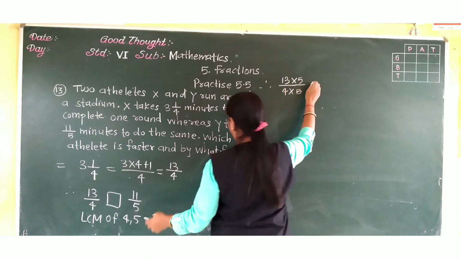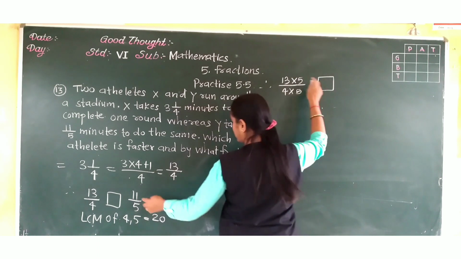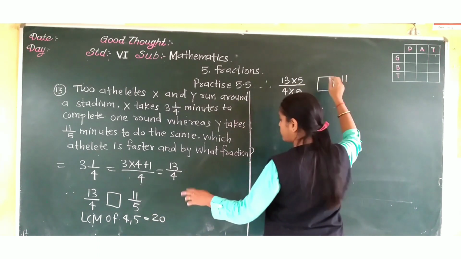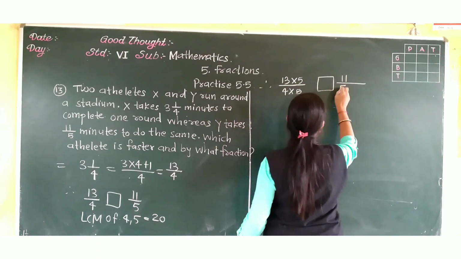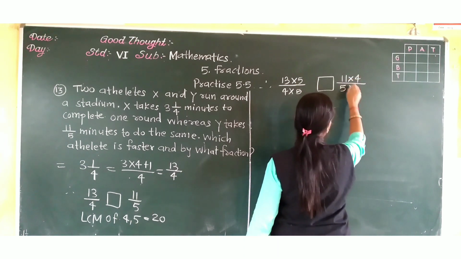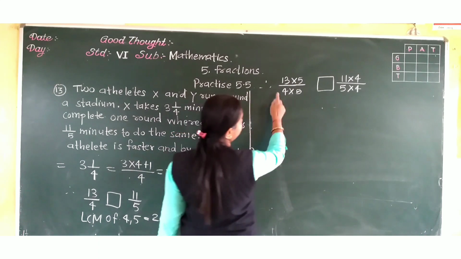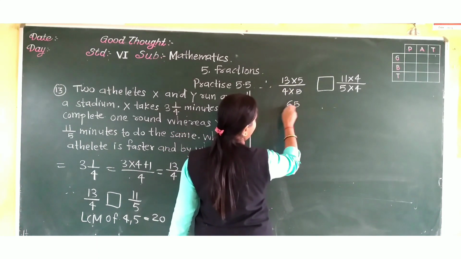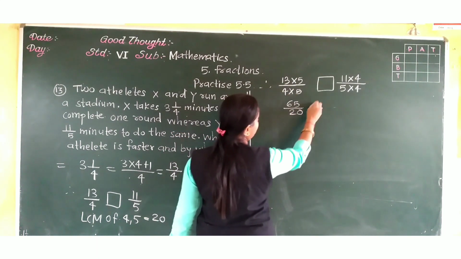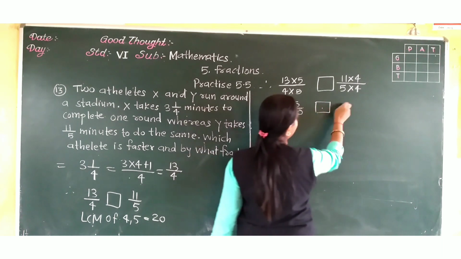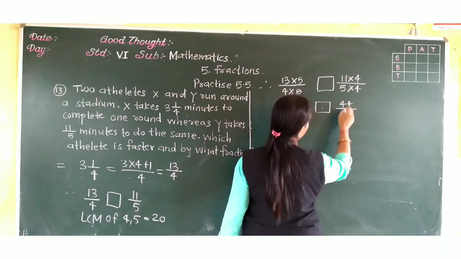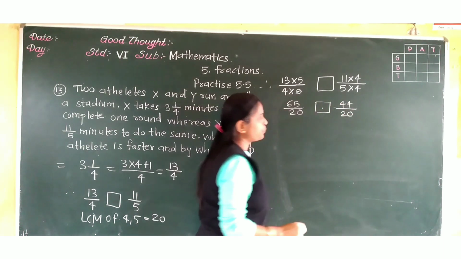Okay. And we have to compare. We have to find out who is faster. That means comparison is there. So 13 5s are 65, 4 5s are 20. And here 11 4s are 44 and 5 4s are 20.